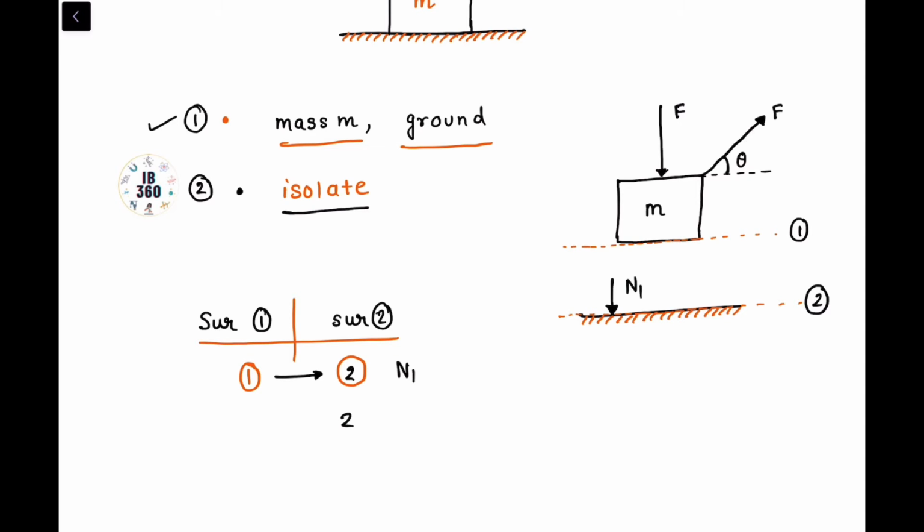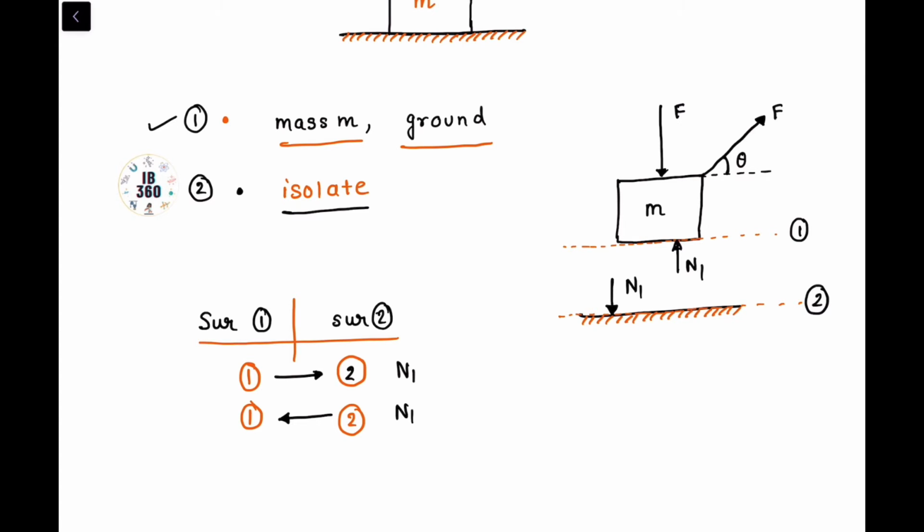Similarly, by virtue of Newton's third law of motion, surface 2 will also exert the same force but in the opposite direction. So surface 2 will exert a force towards surface 1 in the opposite direction, and the value of that force will be N1. So this will be the direction of the force N1.